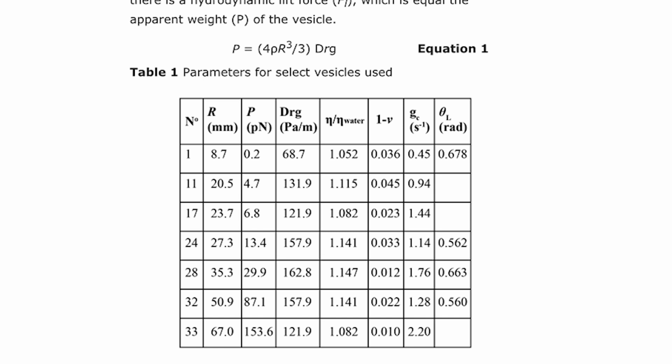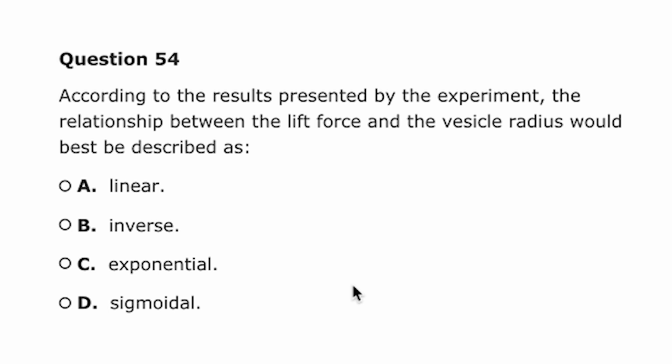And so we know the equation for P, because they gave it to us. It's radius cubed divided by 3, then times DRG. So radius here, because it's cubed, there is that exponential relationship. So the relationship would be described as exponential, I think.